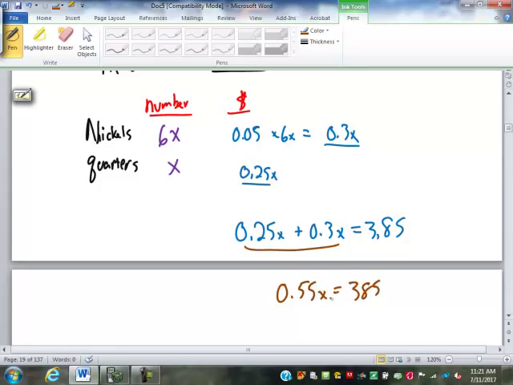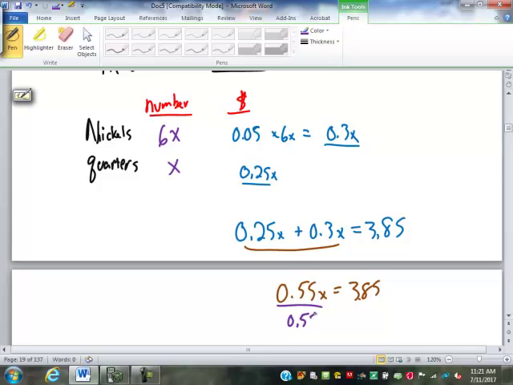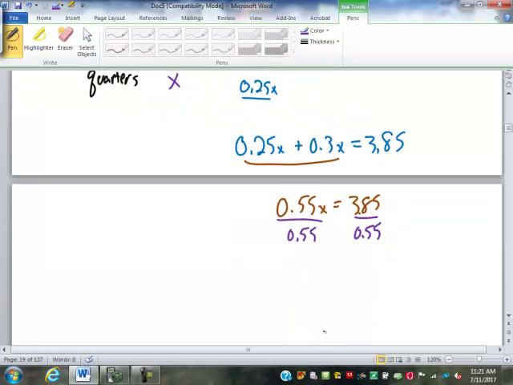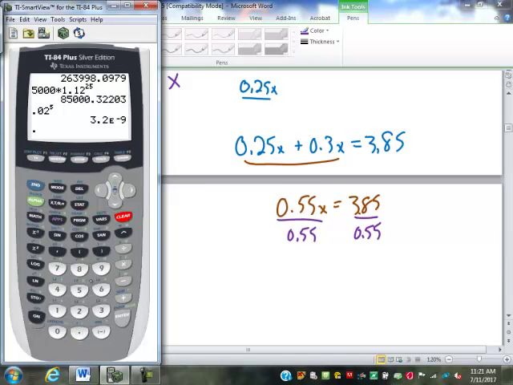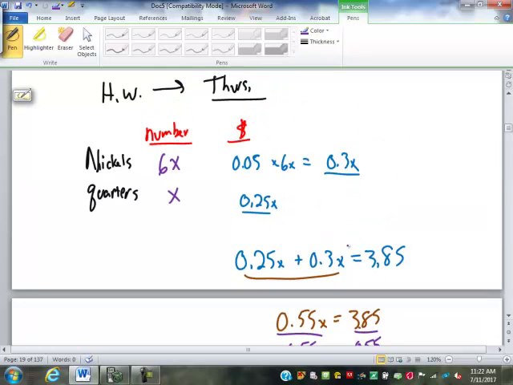We divide by 0.55, so 385 divided by 0.55 is 7. So X equals 7. That means there were 7 quarters, and then multiply 6 times 7: 42 nickels.